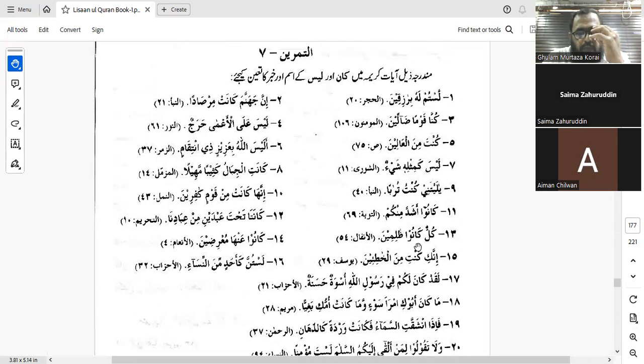Now you have to tell me from these ayats the forms of kana and laysa, and you also have to specify the ism of kana or laysa, and the khabar of kana or laysa. So you have to determine that. Okay, sister, go for the first 5 sentences. If this session ends, we'll be coming back.